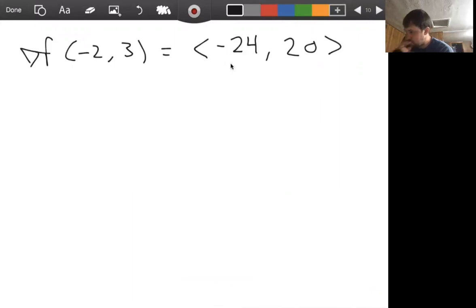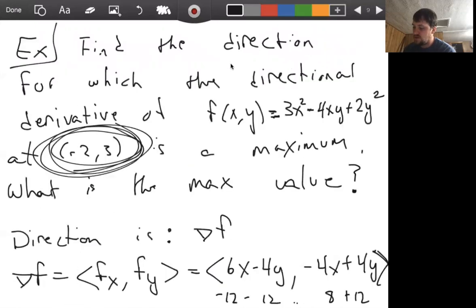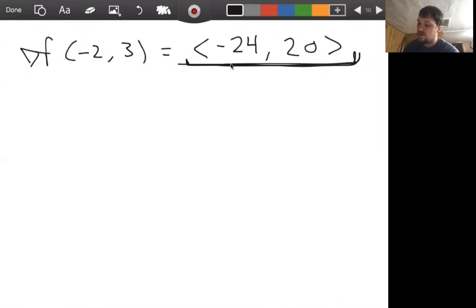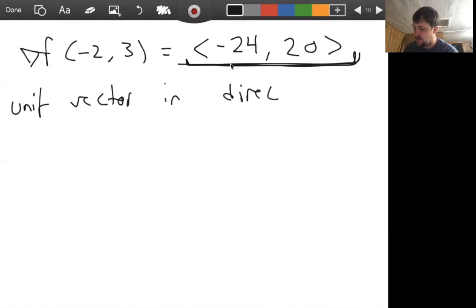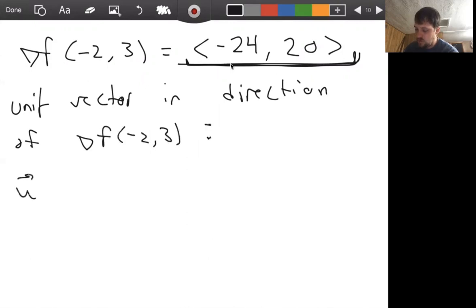And so here is a direction for which we're increasing the most. But usually when we describe directions, this u in the directional derivative is a unit vector, right? So we need a unit vector in the direction of the gradient of f at the point negative 2, 3, which is u, it's the gradient of f at the point negative 2, 3, divided by its magnitude.